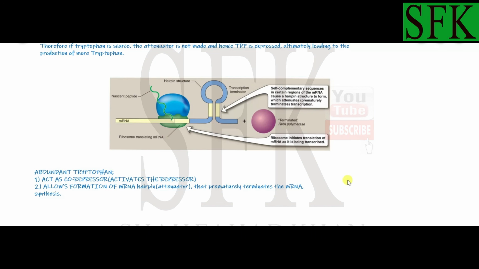The second role of tryptophan is that it allows the formation of the hairpin attenuator, because if it is present, it will be available to bind at those two codons near the 5' end, so the ribosome will not cover the attenuator sequence and will allow the attenuator to form, and therefore the mRNA synthesis will be terminated prematurely.